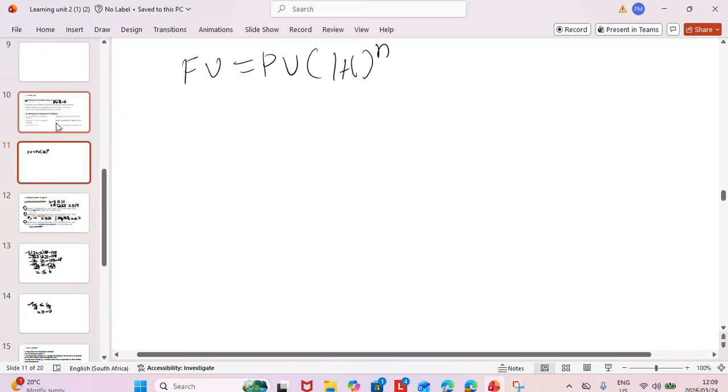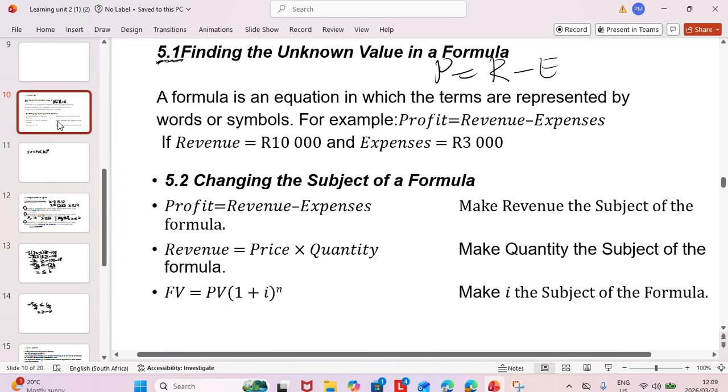This is a formula. So with formulas, guys, you can be required, even with the future value formula, to try to find any formula and make a certain letter the subject of the formula. For example, if you have future value, present value, here you can be required to make n, to make I, to make PV the subject of the formula.